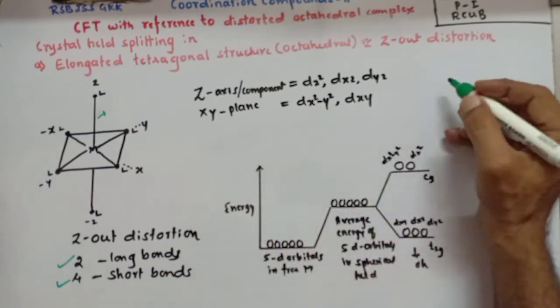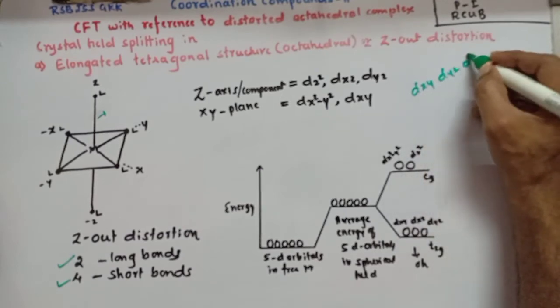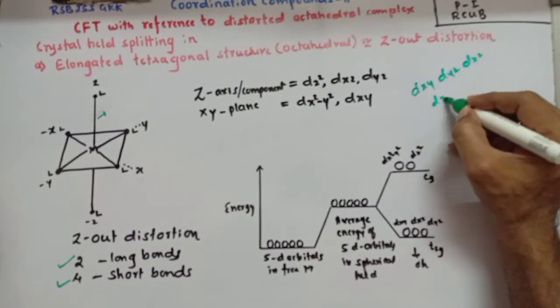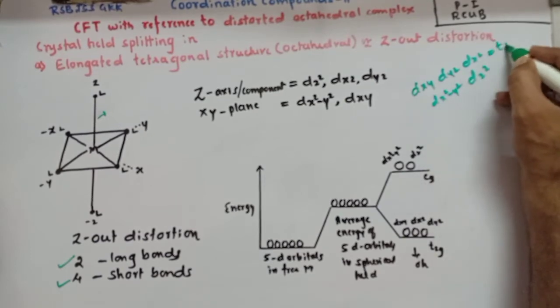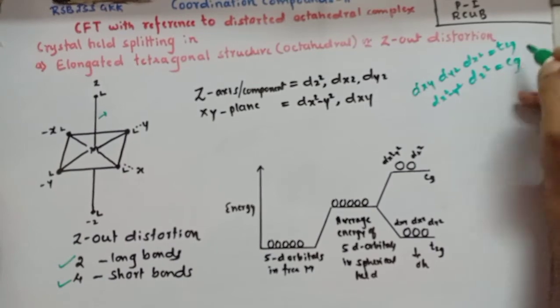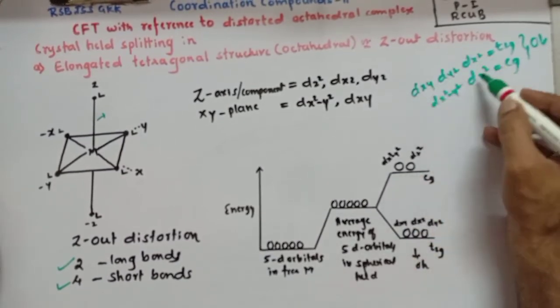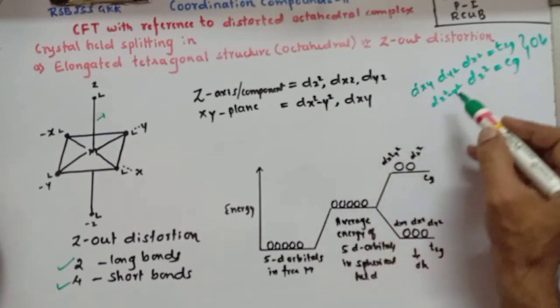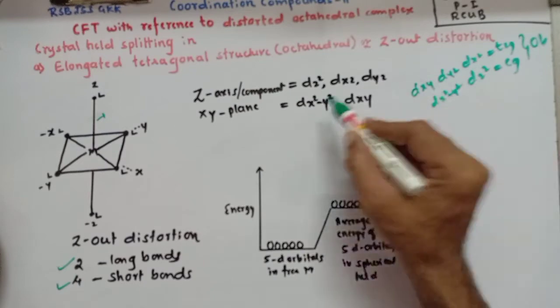Out of the 5 d orbitals, that is dxy, dyz, dxz, dx square minus y square and dz square, the first three are the T2G set and the last two are the EG set in case of an octahedral complex. Now let us see which orbital lobes are present in the z axis, or contain a z component.